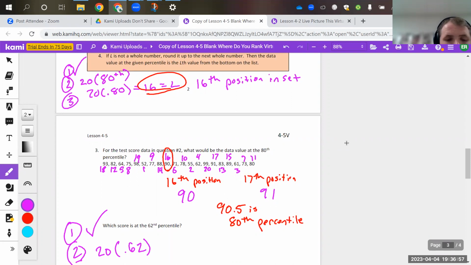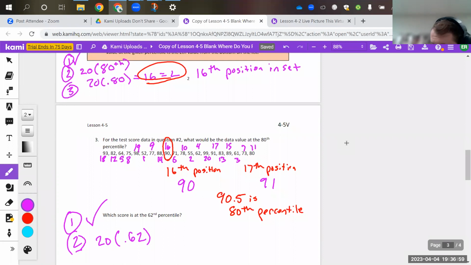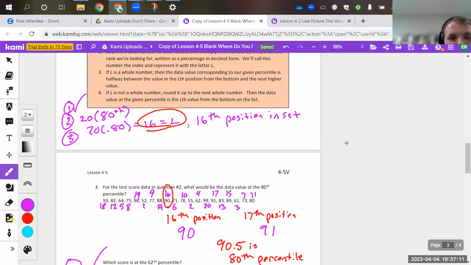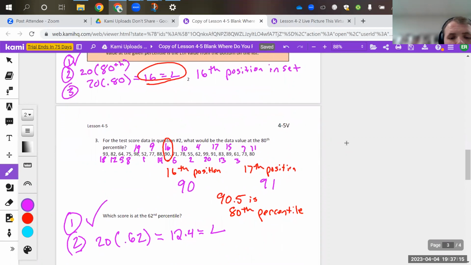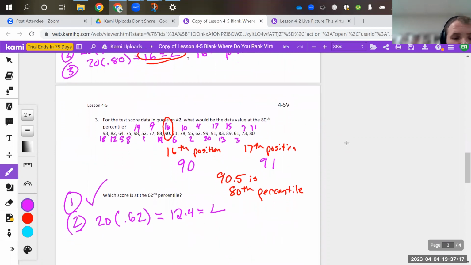When I multiply those together, I believe I get 12.4, and that is my L from step 2. It's kind of hard to scroll back and forth, but step 2 is where you get the L.